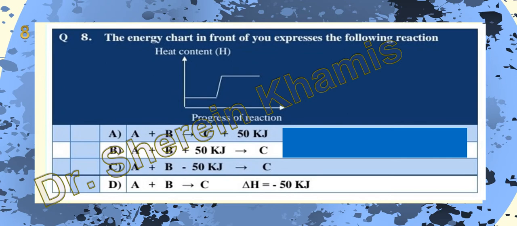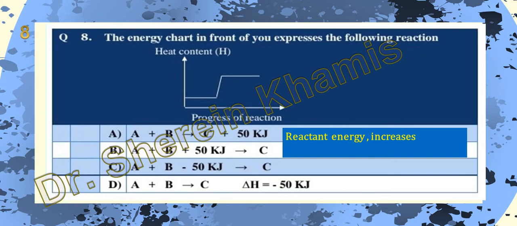If we have substances A and B to produce C, it will not produce energy, it will absorb energy. So the energy will be on the side of A and B, not evolving at the end of the reaction. So the first one will be wrong. Second one, here we have the reactant energy increases.